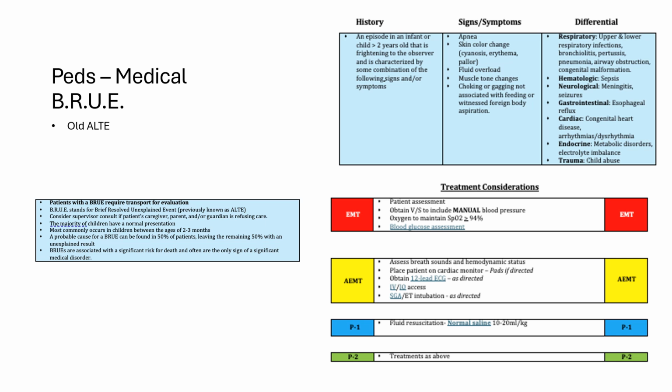An episode in an infant or child, greater than 2 years old, that is frightening to the observer and is characterized by some combination of the following signs or symptoms: apnea, skin color change, muscle tone changes, choking or gagging not associated with eating. Honestly, 12 lead, really nothing else for you to do except put in an IV and get fluids if you want. Then bring them to the hospital.